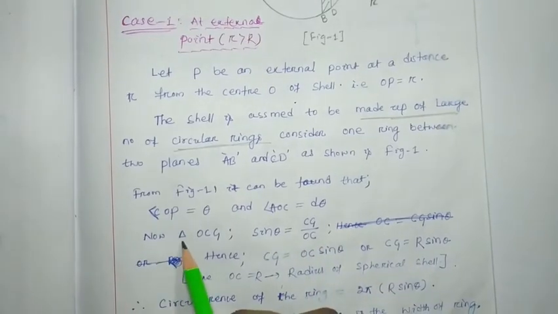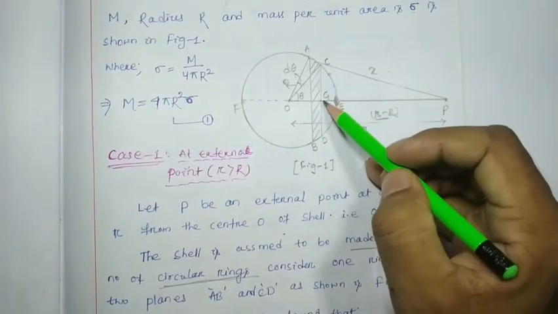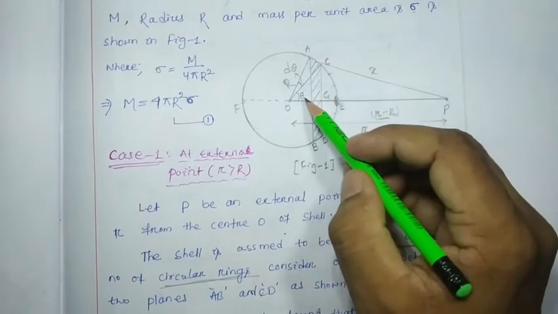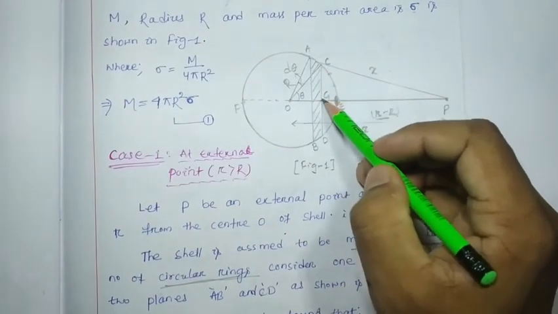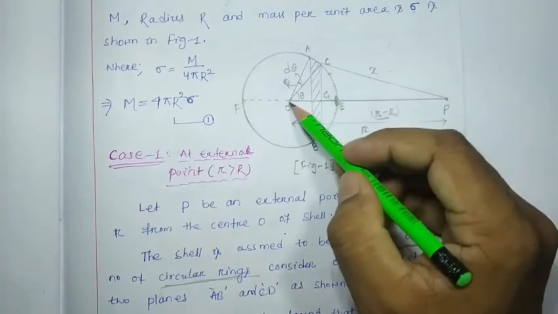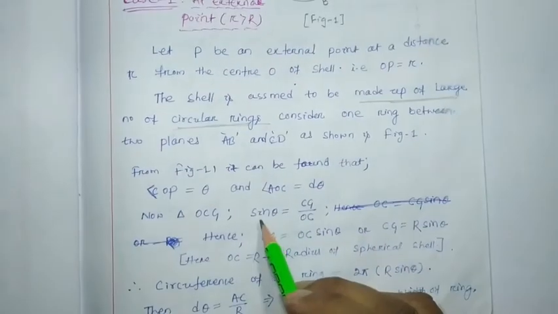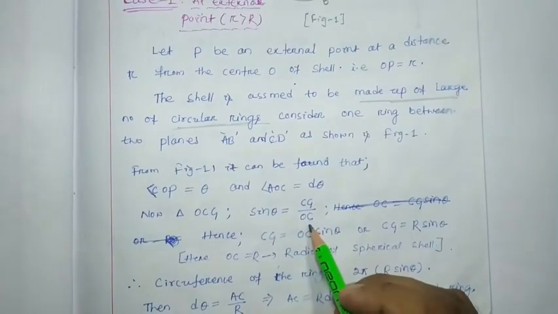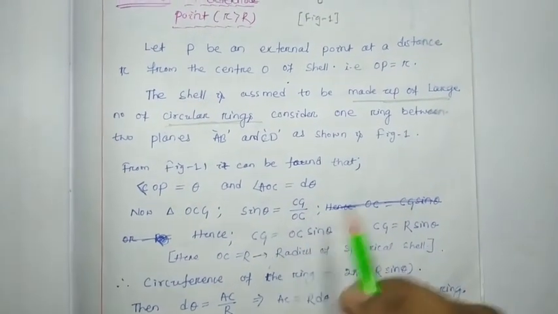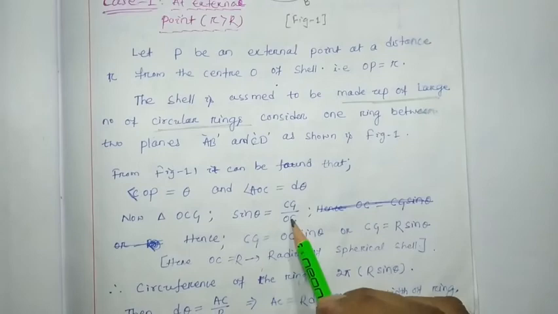Now we consider triangle OCG. Sin theta will be CG by OC. Hence CG will be equal to OC into sin theta.